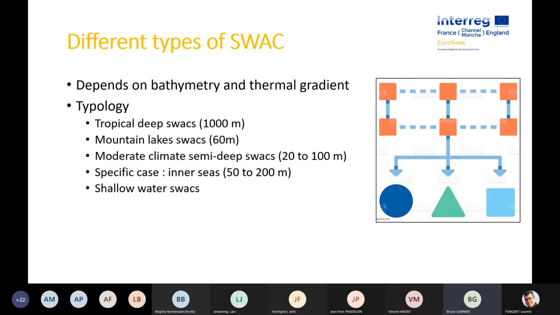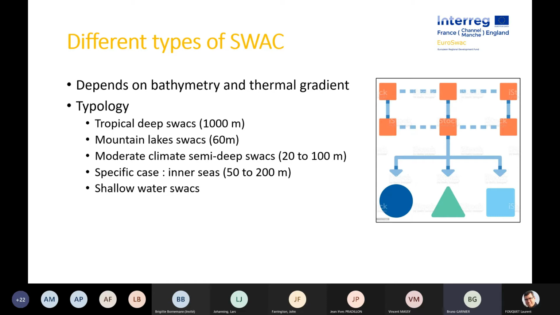In these SWACs the water is hotter than the air during the winter and colder than the air during the summer. So it can be used either directly or used with a heat pump in order to enhance the temperature difference.